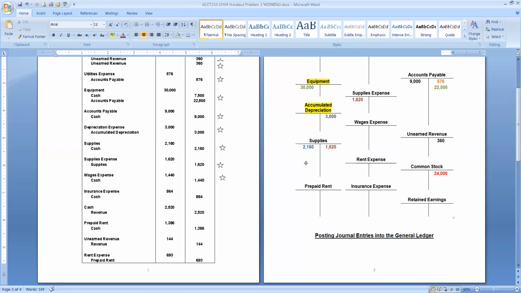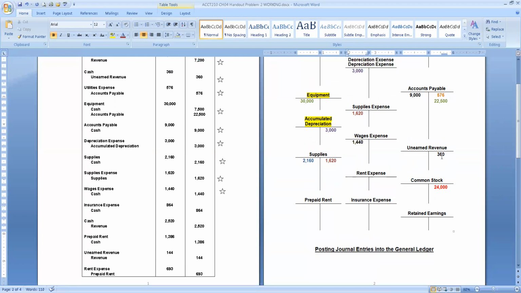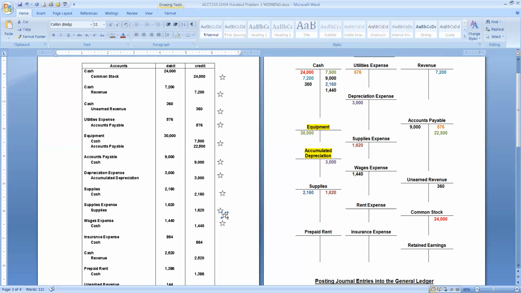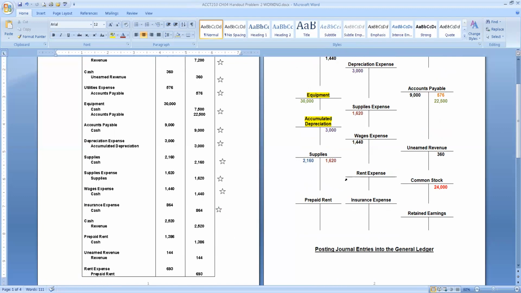Wages expense. 1,440 debit. And cash. Insurance expense. 864.